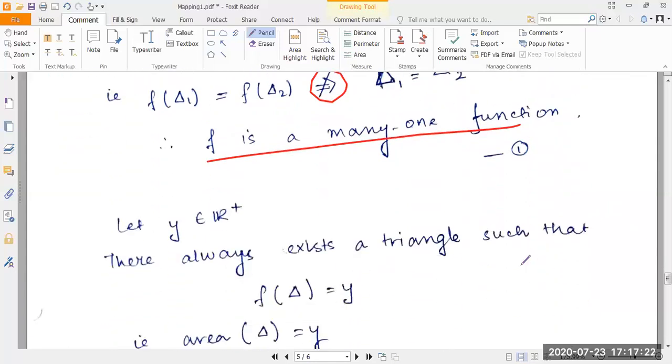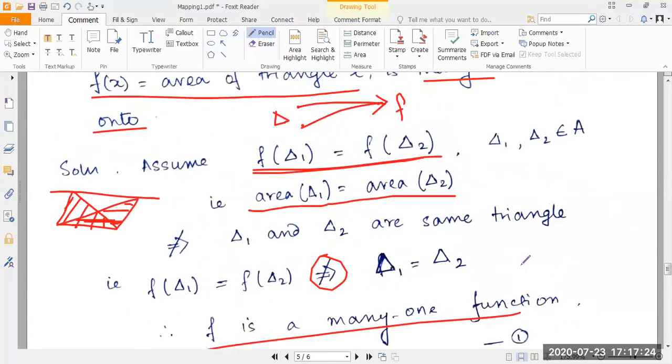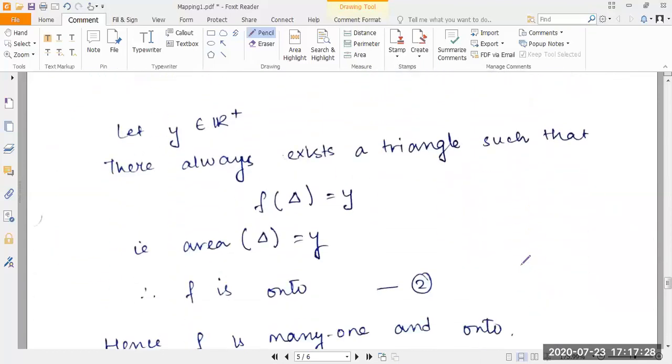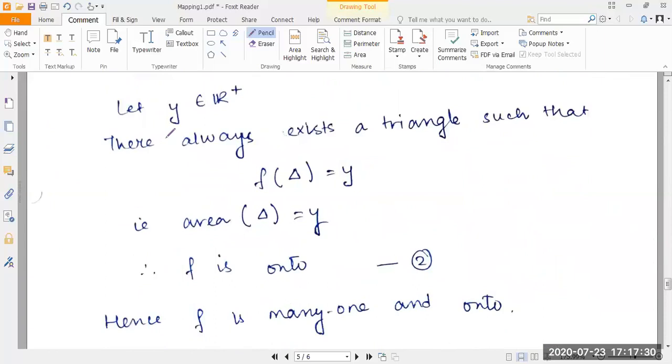The next part that we need to prove, as Sam had mentioned, is onto. So now we need to prove that this function is onto. For an onto mapping, we need to show that the codomain set is equal to the range set. So we have the domain set here, which is the set of all triangles, and we have the codomain set here, which is the set of all areas, or the set of all real numbers rather.